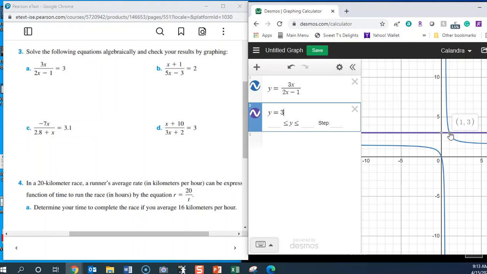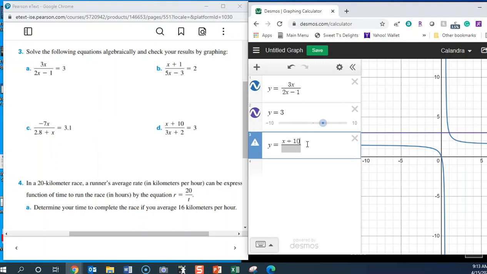Now I'm going to go to 3D. I'm not going to do all 4, but you just needed some examples. So with 3D, we'll put y is equal to x plus 10 in our numerator, and in our denominator, we have 3x plus 2.